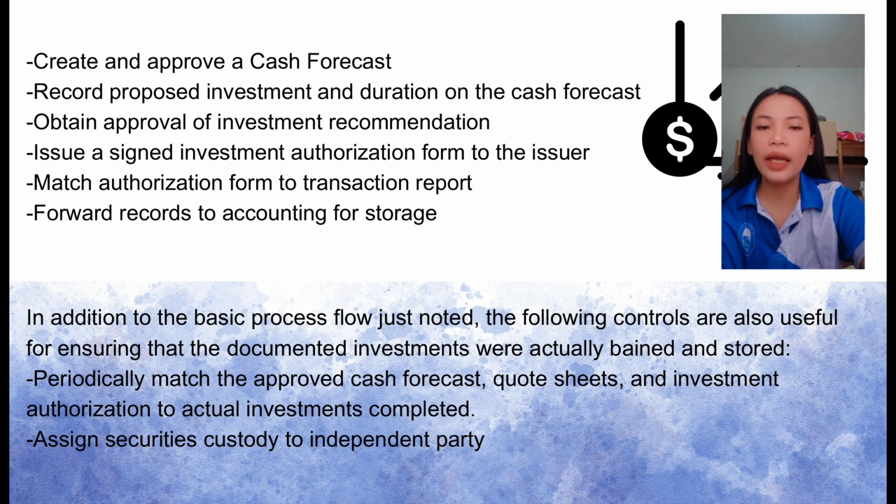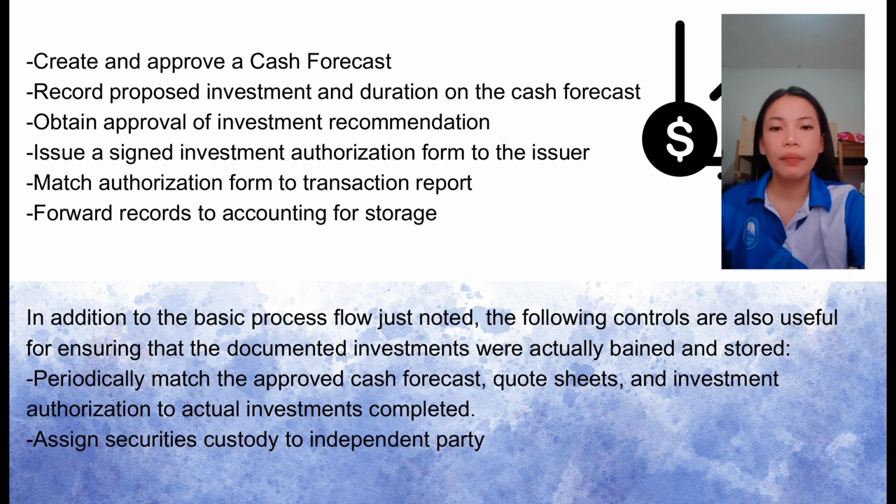By aligning the authorization with the transaction report, the company can track and confirm that the bank executed the investment in accordance with the approved terms. This verification step is very important for maintaining accuracy, preventing potential financial discrepancies, and ensuring that the company's investment strategy is implemented as authorized. Next is forward records to accounting for storage.